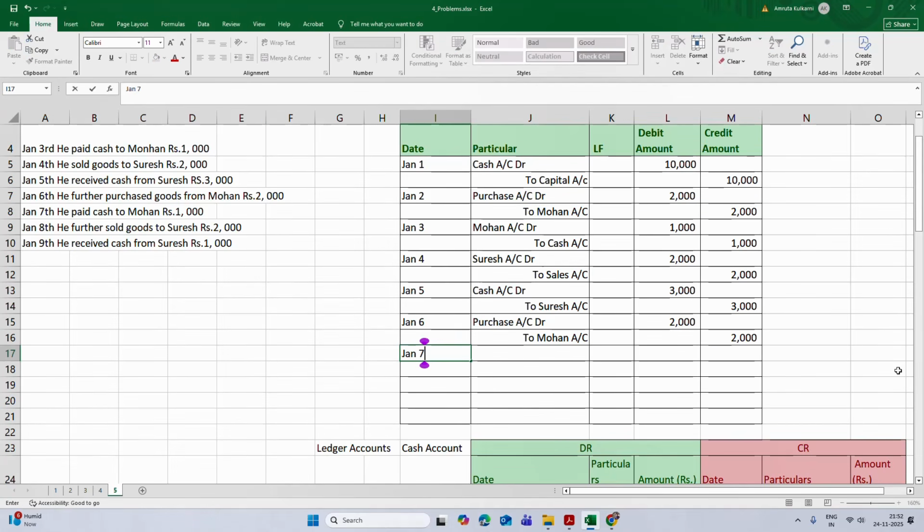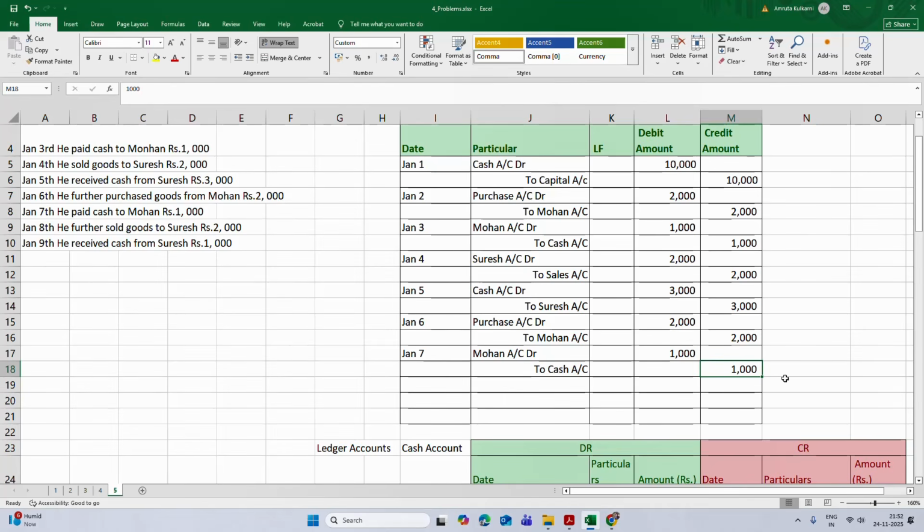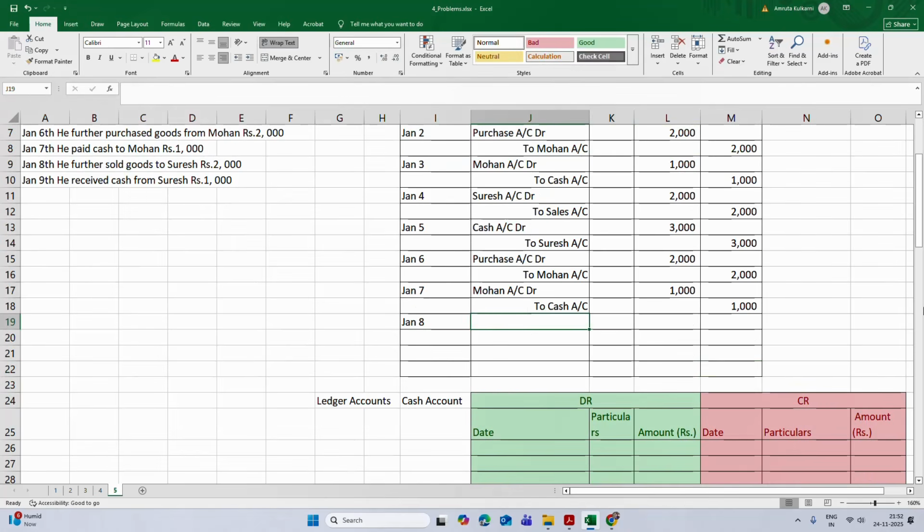Then on Jan 7 he paid cash to Mohan rupees 1,000. So Mohan account will be debited and cash account will be credited by 1,000. Then on Jan 8 he further sold goods to Suresh rupees 2,000. So once again Suresh account is debited and sales account is credited.